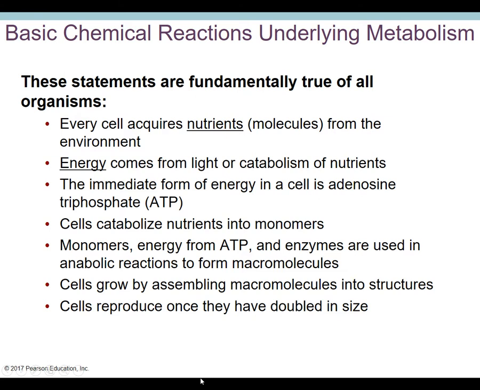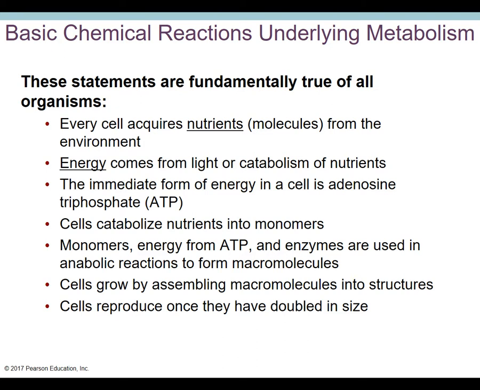All right, so we have some fundamental statements that are true of all organisms. We're focusing on pathogens, we're focusing on microscopic organisms in this course, but these are true of all organisms in biology. Every cell has to get nutrients, molecules, biomolecules, from the environment, from outside the cell.